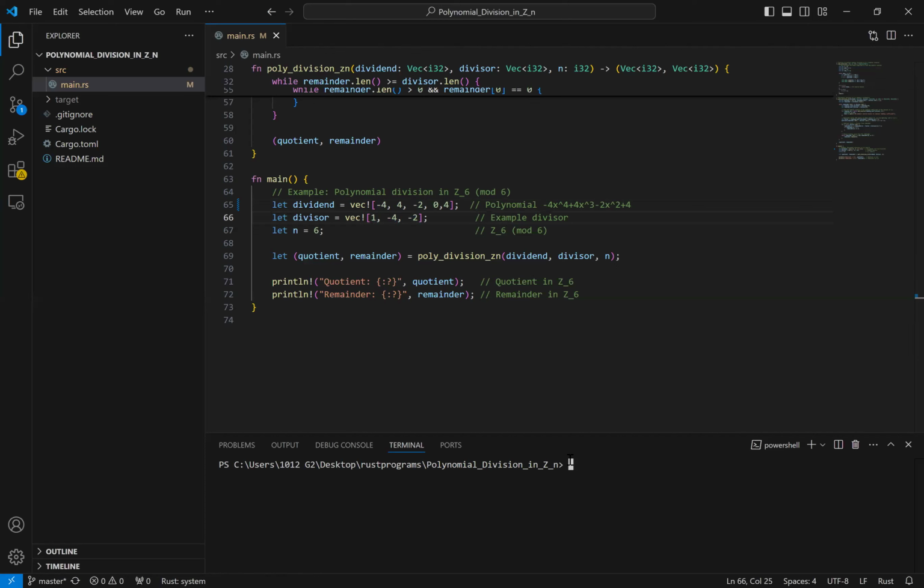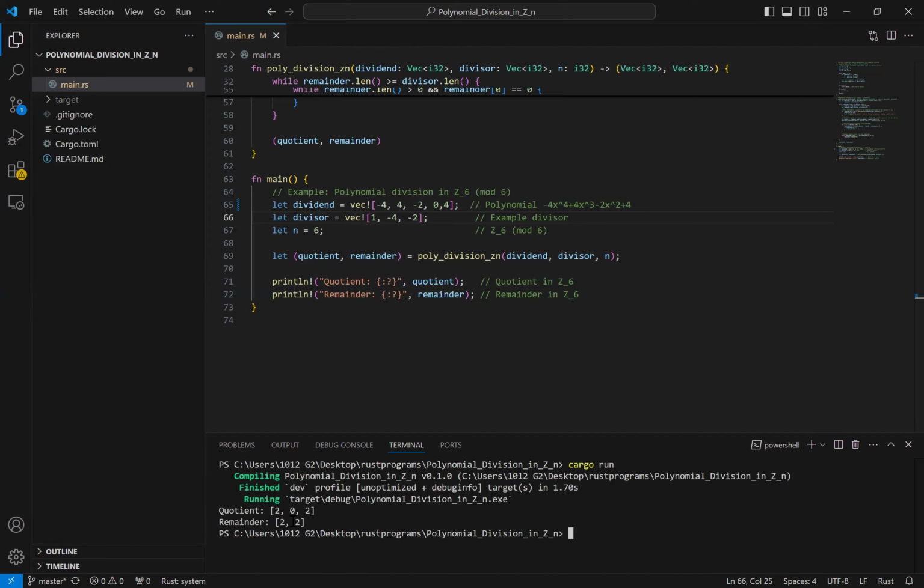So let's run this and see. It gives us the same result. This is constant, then 2x. So it's 2x plus 2. And this is the constant, x raised to 1, then x raised to 2.